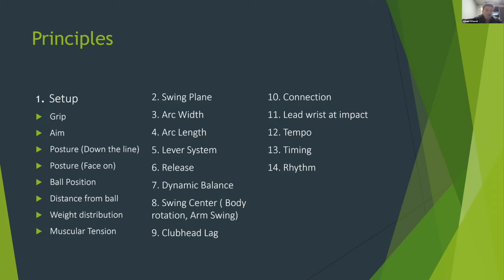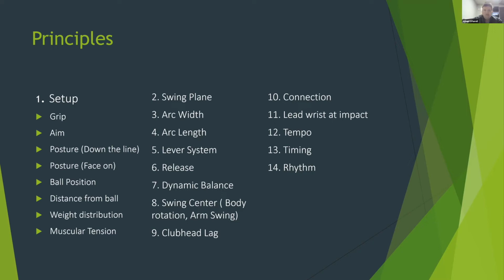If our hips start to move all around, then it's very hard to stay centered as we're hitting the golf ball. Clubhead lag is also kind of an addition to the lever system. The stronger lever that we have between the shaft and the arm, the more clubhead lag we're going to produce, which is going to help us hit the ball further.